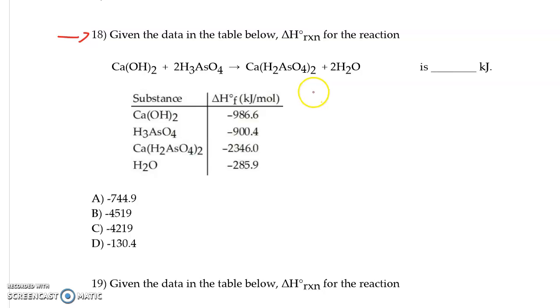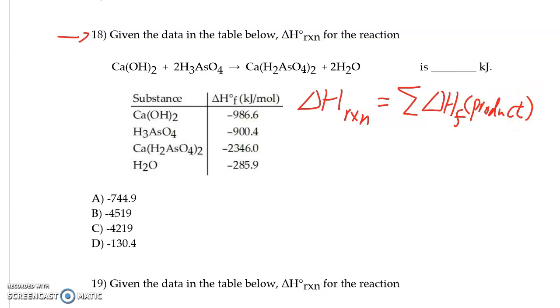It says delta H of the reaction. Sometimes we use RXN to represent reaction. Delta H of the reaction is equal to the sum of delta H formation of the products minus the sum of the enthalpy of formation of the reactants. Okay, too much math here.